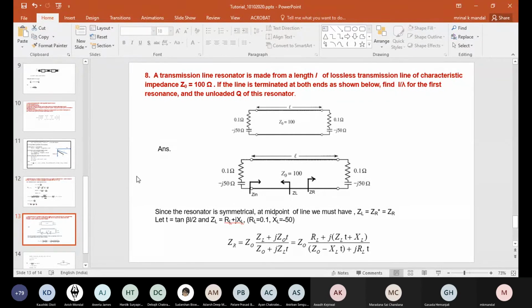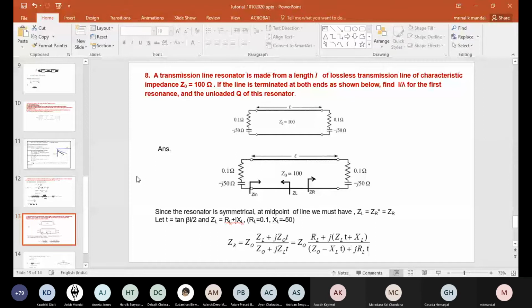Well, this is another problem on resonator. In this case, the resonator length is given as L, the characteristic impedance of this transmission line is given as Z naught equal to 100 ohm, but left side and right side, they are not open circuited or short circuited.